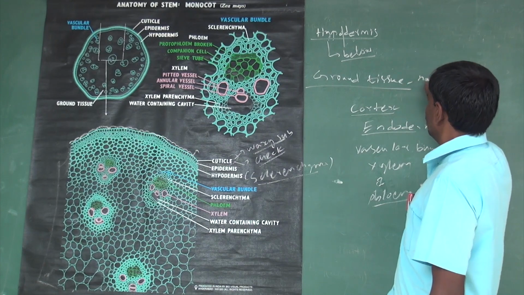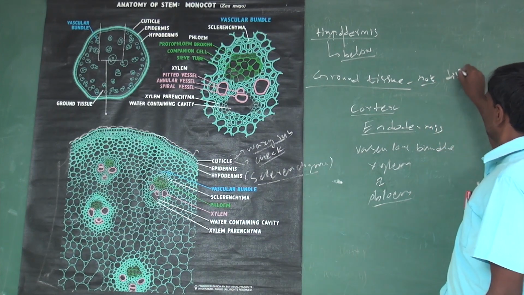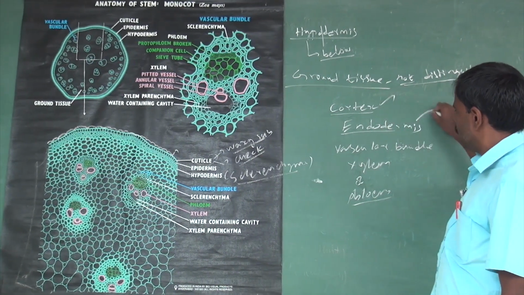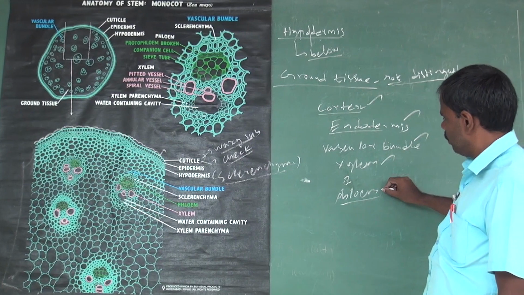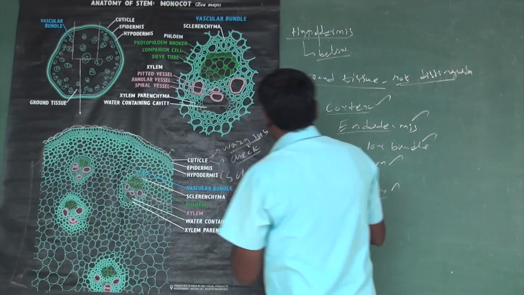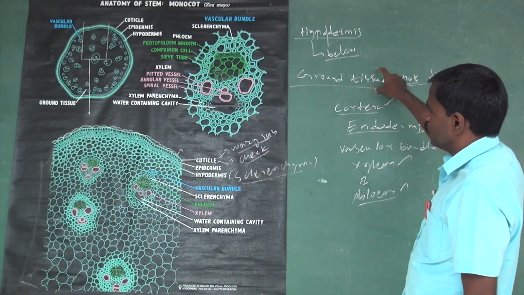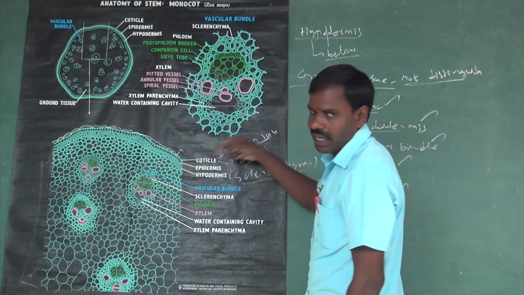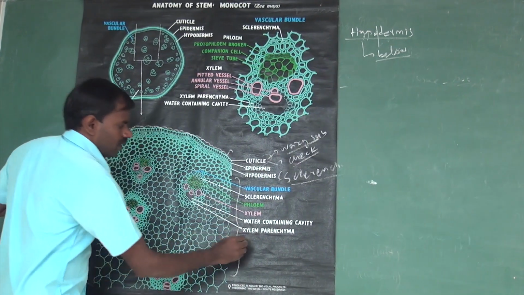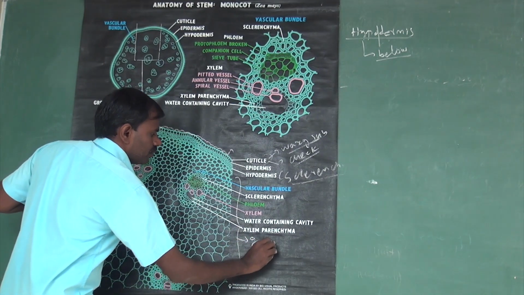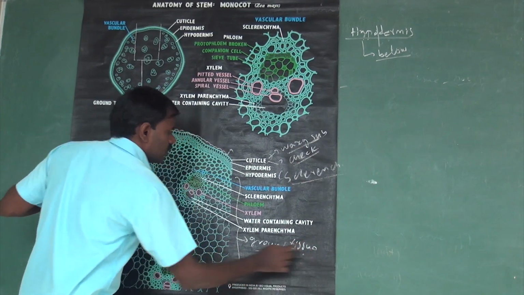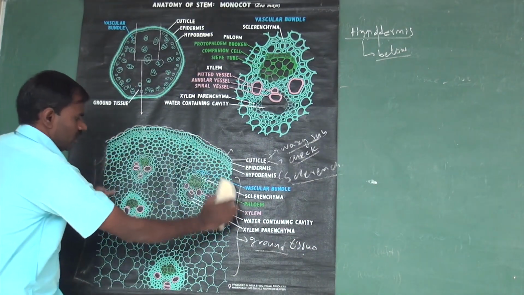But this ground tissue is distinguished only in dicot stem. Below the hypodermis is the ground tissue.